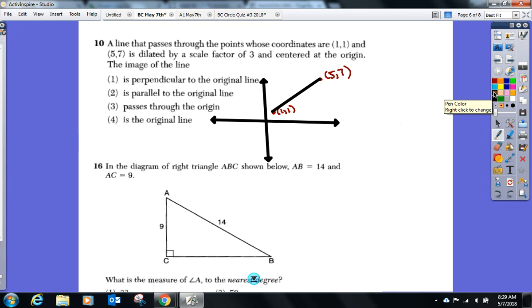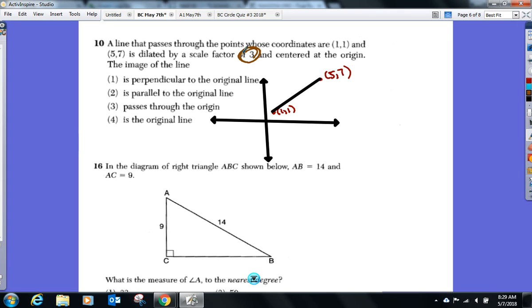Okay, we're going to dilate it around the origin, which is perfect because we'll remind ourselves, anytime you dilate around the origin, what do you do with the coordinates and the scale factor? So 1, 1 and scale factor 3. What can I do to find the new coordinates if it's around the origin? Multiply them.